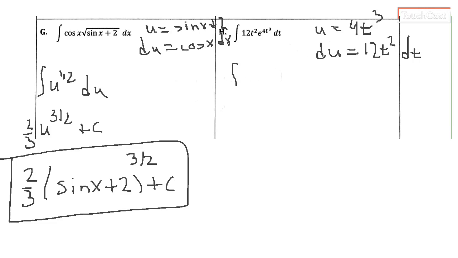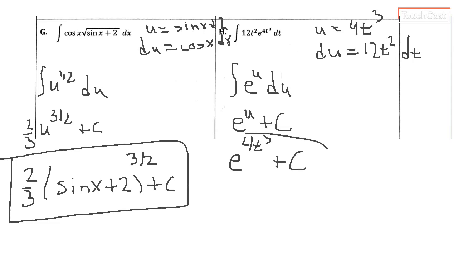So I'm going to take the integral of e to the u du. Now we learned integral of e to the u is just going to be e to the u. So we're going to have e to the u plus c, but now we can replace u with the 4t cubed. So we're going to have e to the 4t cubed plus c. And we're done with that one.